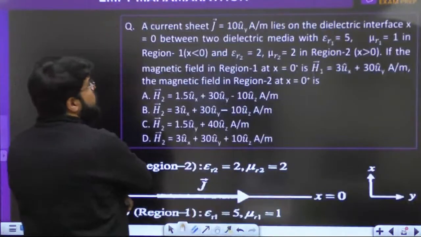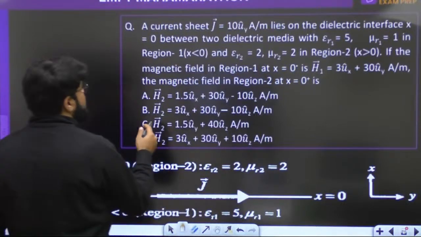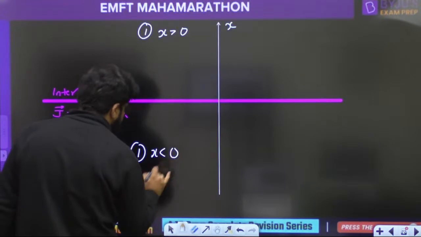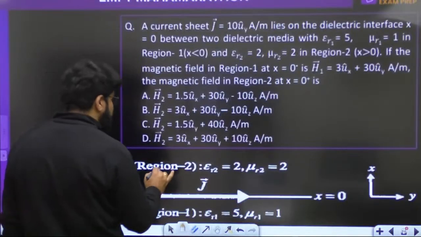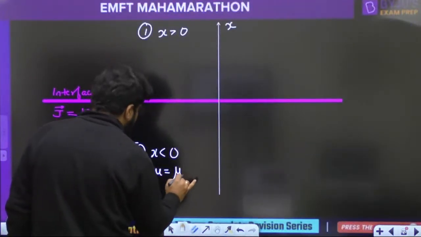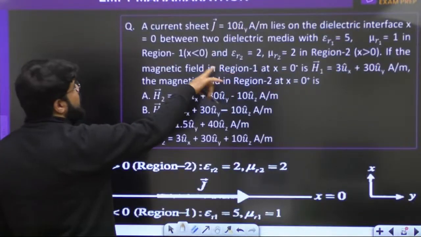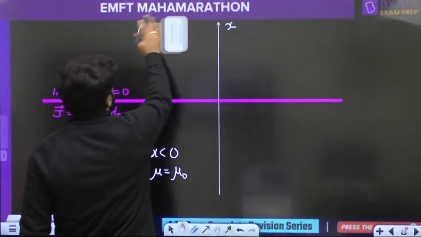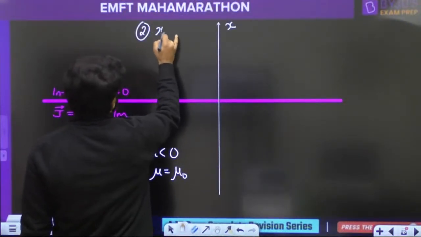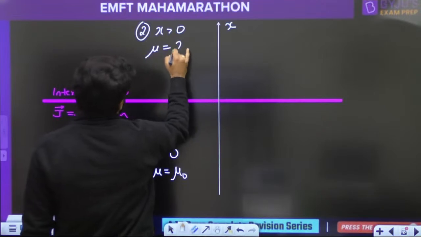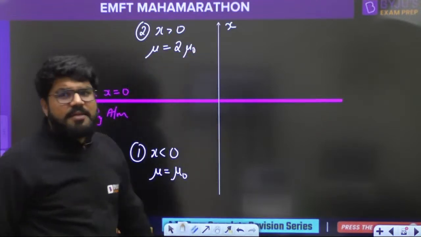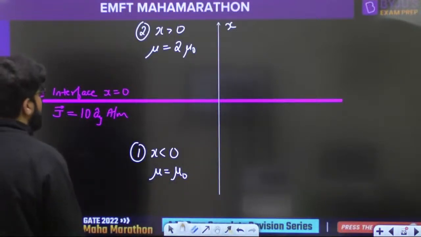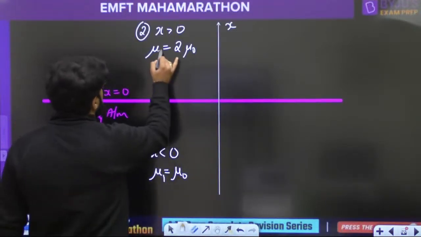The region for x less than 0 is region number 1, with mu equal to mu naught, because mu r1 is 1. Region 2 is x greater than 0, where mu r is 2, so mu is equal to 2 mu naught. Because only the magnetic boundary condition is involved in this question, I don't need the epsilon value. So this is mu1, and this is mu2.